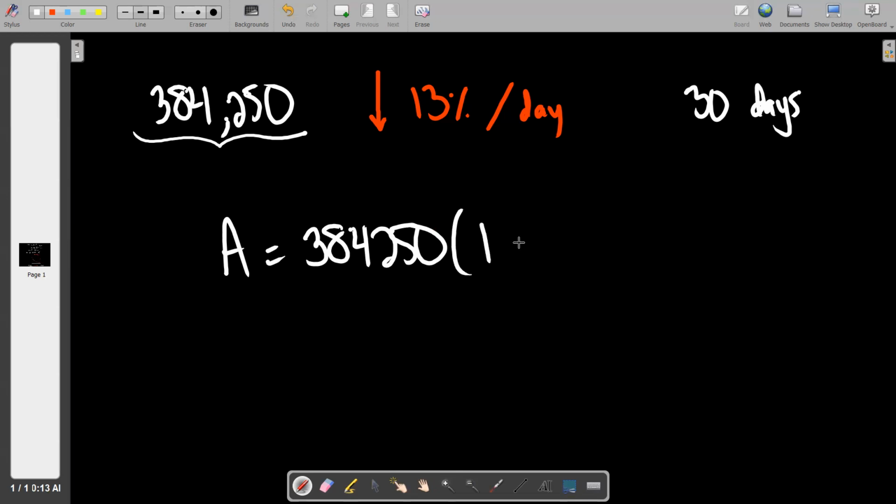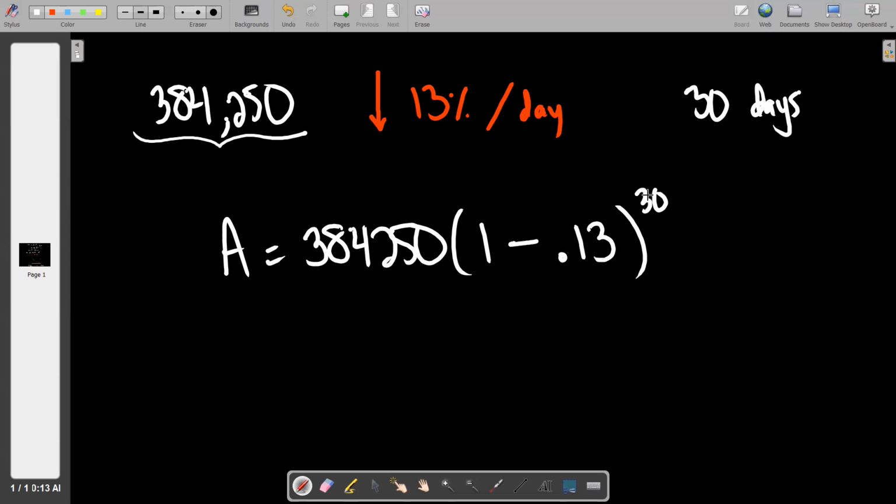In parentheses, 1 minus 0.13, which is the correct decimal version of 13%. And what am I going to raise it up to the power of? 30. So again, that's not years. The problem is written in terms of this happening each day, right? So that's why we would use days as our time.